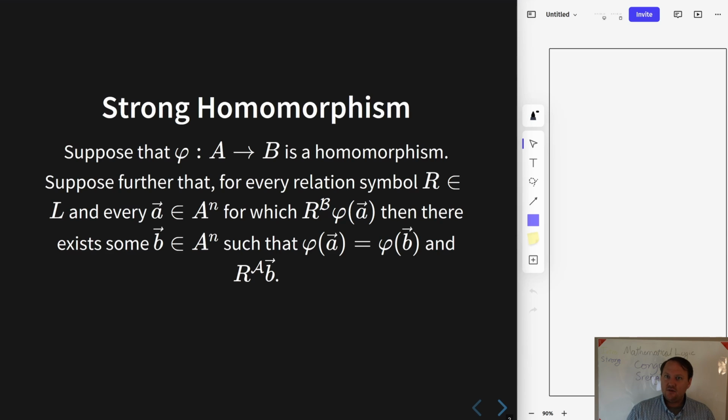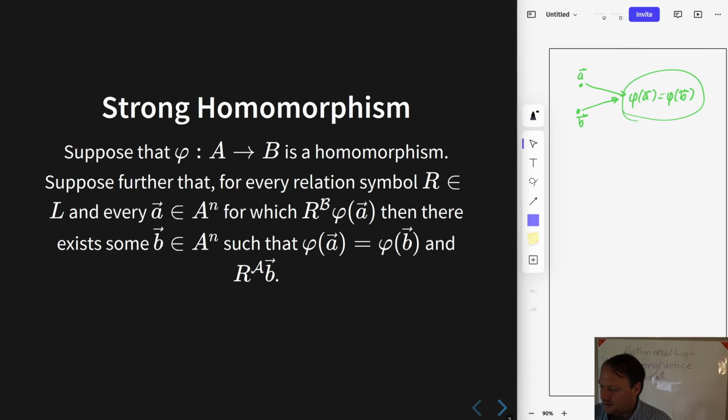Now, maybe the relation holds among the elements of the original vector A, but we don't require that full condition. Rather, all we require is that some element that also maps to the same thing. So the mental picture you can have here is that you've got a vector A, you've got a vector B, they both map to the same phi of vector A, that is to say the same phi of vector B. So this is the image that you have, and we're assuming that the relation holds on the image of the vector.